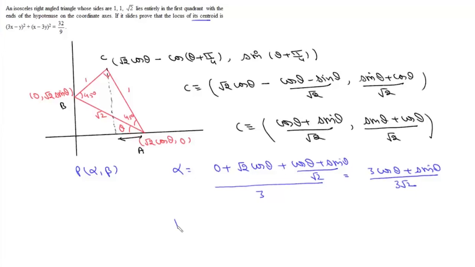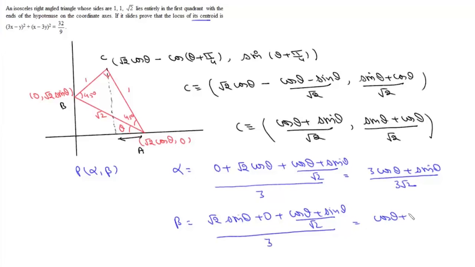In the same way we can write beta, and that will be root 2 sin theta plus 0 plus (cos theta plus sin theta) by root 2, whole divided by 3, and that is (cos theta plus 3 sin theta) upon 3 root 2.